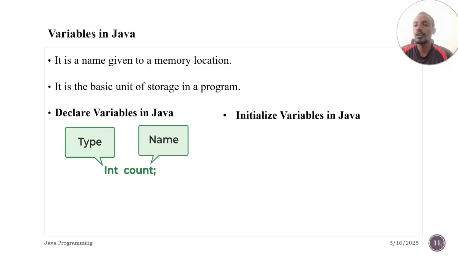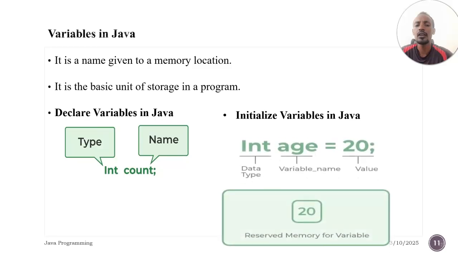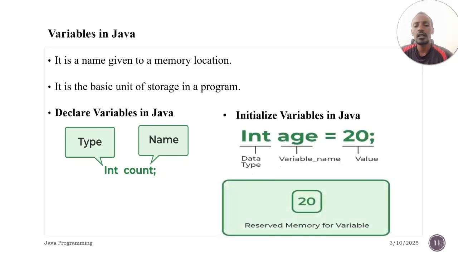Second, how to initialize variables in Java. To initialize a variable, we use the data type, the identifier, then the value. So data type, variable name, then the value.